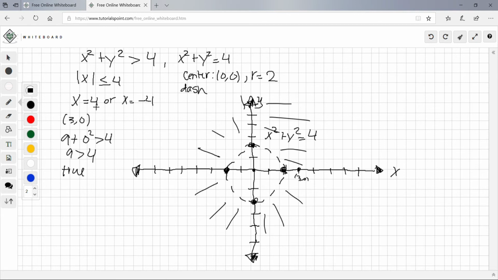So our other equation is x equals 4 and x equals negative 4. So here's 3. And this is going to be solid, right? Solid because of the equal sign.